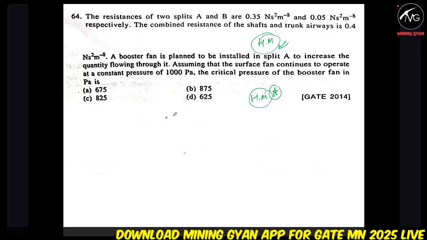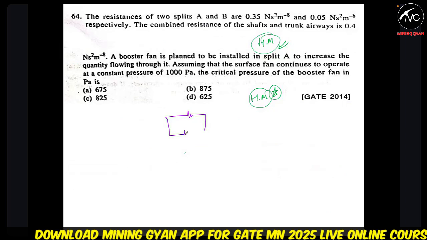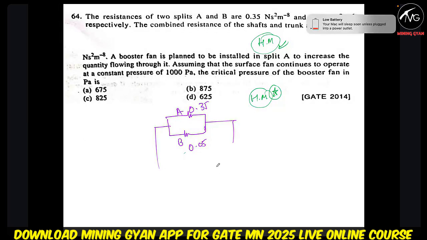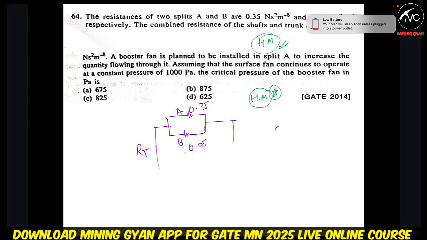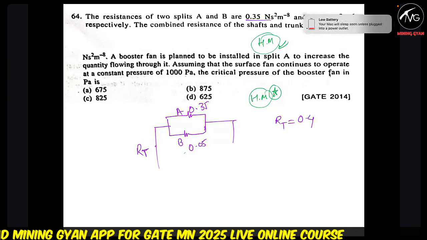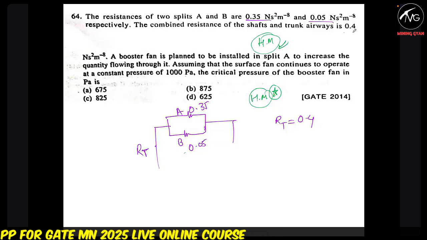So suppose this is resistance 1, this is resistance 2, A and B. Their resistances are given: 0.35 for one and 0.05 for the other. And the resistance of the trunk and shaft is also given: 0.4, 0.3, 0.4.